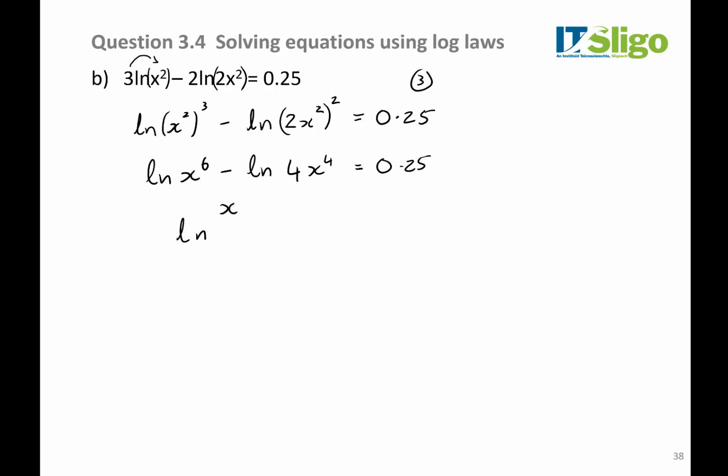So it's x to the power of 6 divided by 4x to the power of 4, and that's equal to 0.25. Numbers do what numbers do, so natural log is natural log of 1/4 x squared.